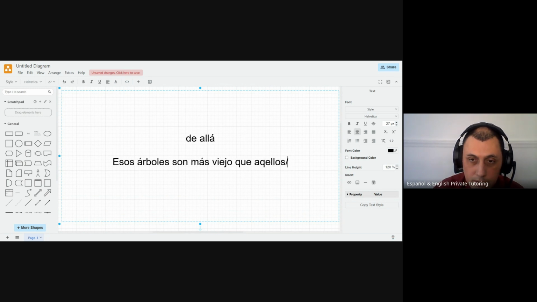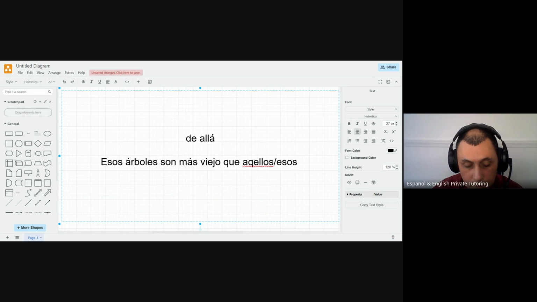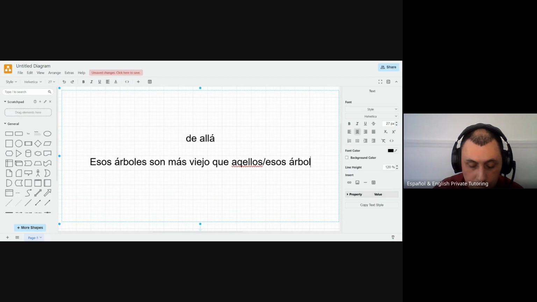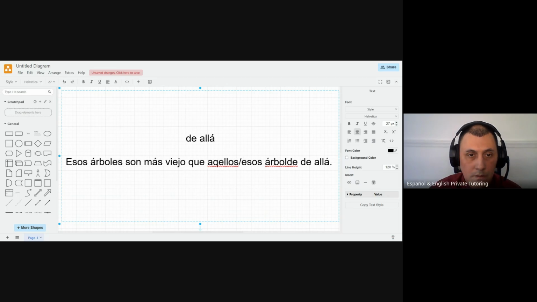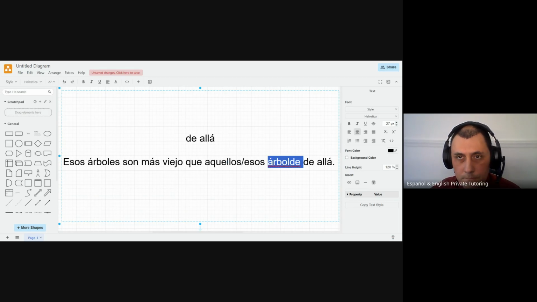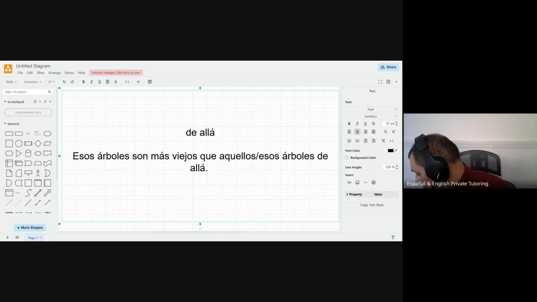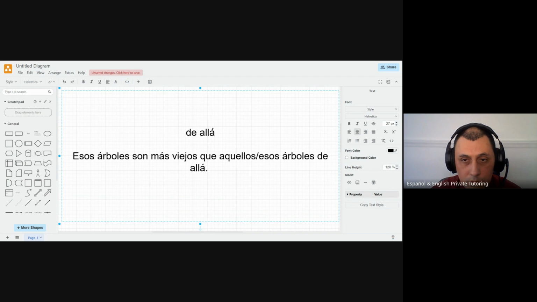Or, if I want to say esos árboles de allá, que aquellos árboles de allá. Esos árboles son más viejos. Those trees are older than those trees. Yeah, los árboles son más viejos que aquellos árboles de allá.